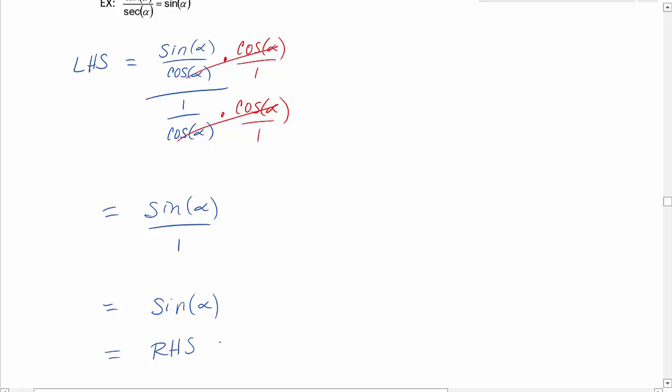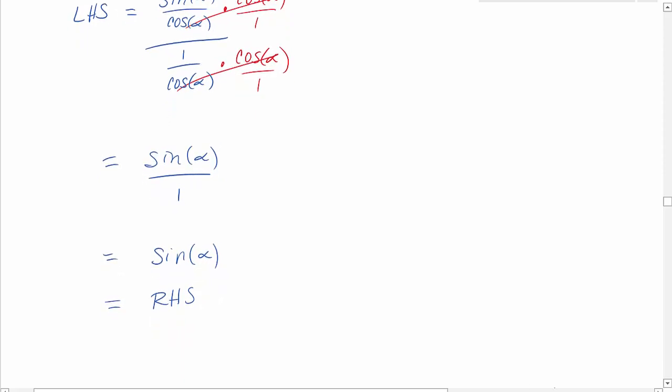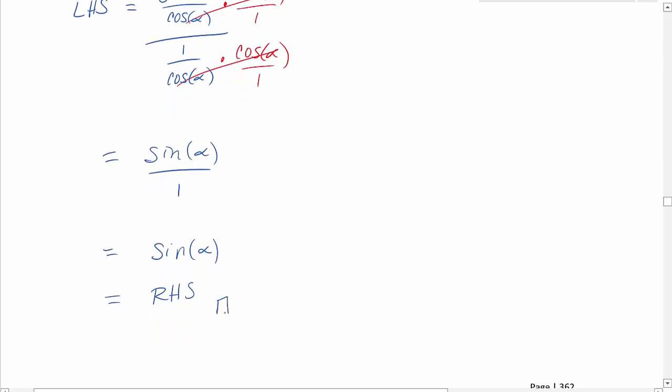Anytime you end a proof, you want to indicate that you're done by either putting a little filled in rectangle, or you can use the letters QED, which are Latin for quod erat demonstrandum, which just means I demonstrated what I said I was going to.